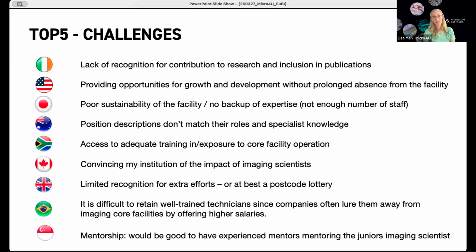Although there are definitely some additional challenges, particularly in some of those lower resourced countries and regions, about whether there's even an approach to thinking about research infrastructure and how to even fund or coordinate that.